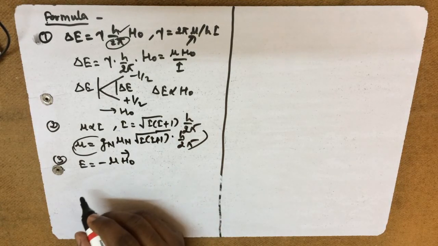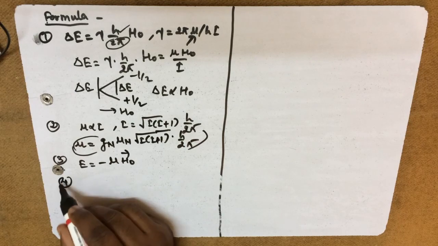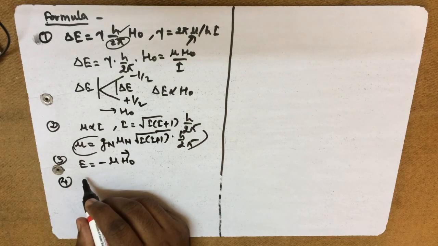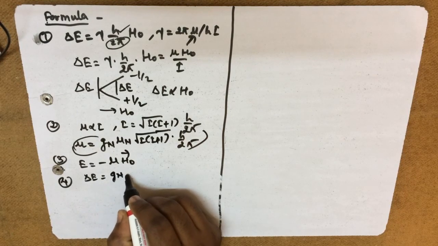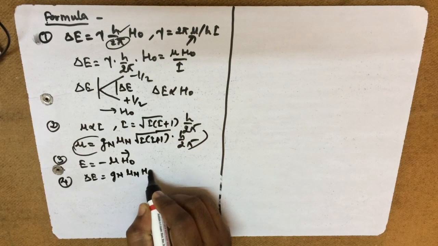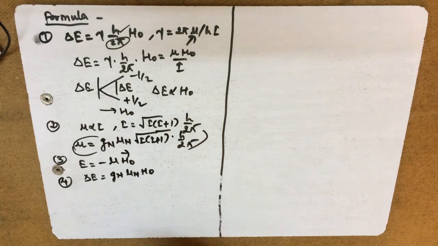And the last formula I will give, the fourth, which is very important: delta E is equal to g_N mu_N H0.